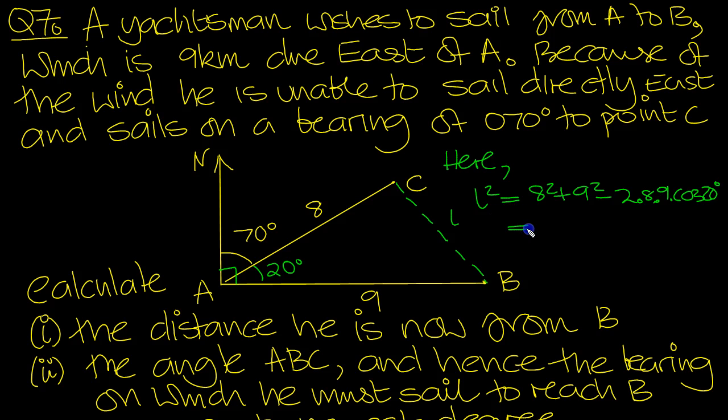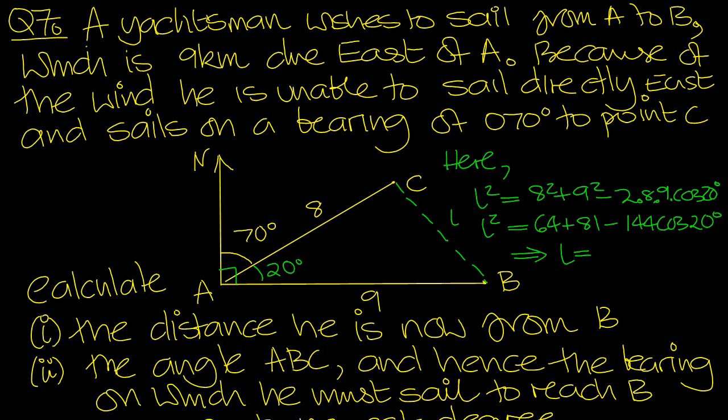So that's equal to 64 plus 81 minus 16 times 9, or 72 times 2 is 144, cosine 20. So now we can work out L. That's L squared.